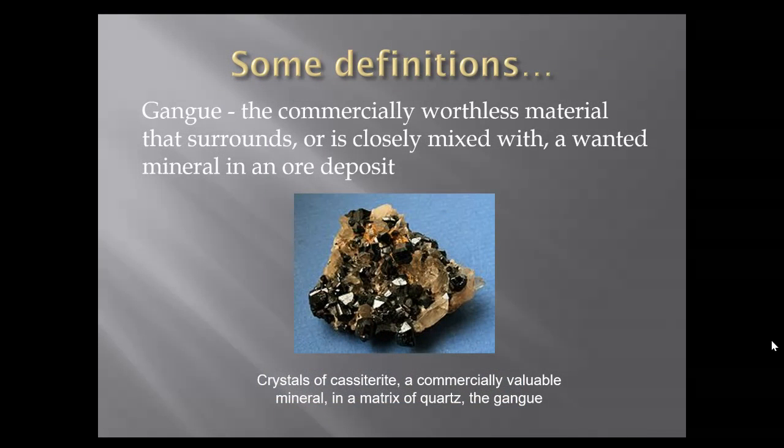The gangue, that's pronounced gang, that's even more waste rock. So you've separated the valuable part from the tailings, and that's the ore. But mixed in with that is some worthless material that you still have to separate.